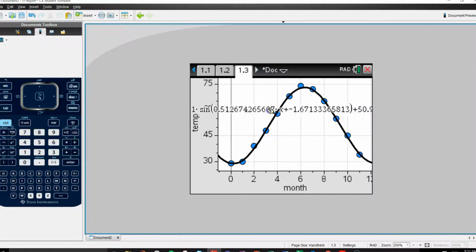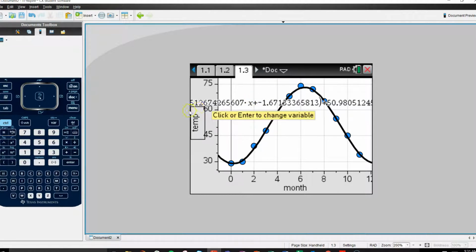I can't see the end of this. I'm going to pick this up and move it. So 0.513 times x. Whenever you see this plus minus thing right here, they're saying plus a negative. So what this means is 0.513x minus 1.671.